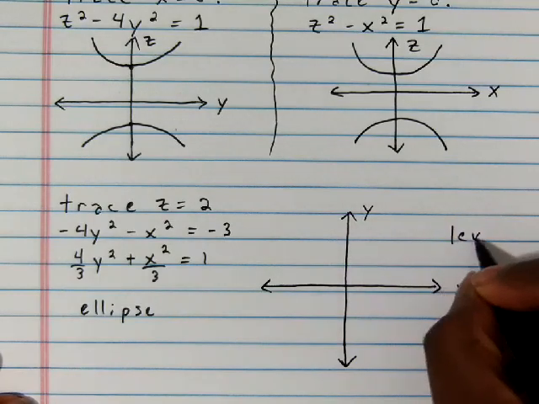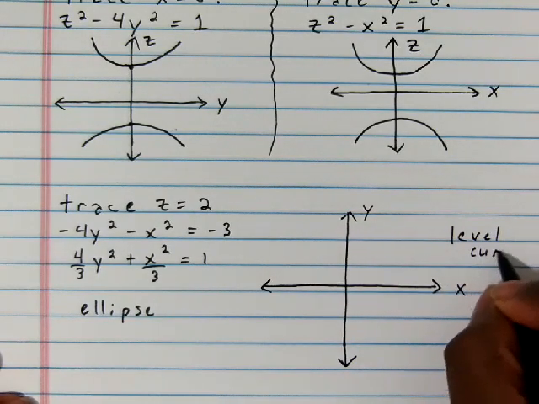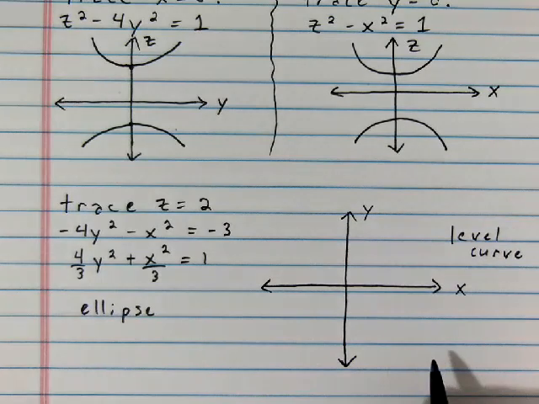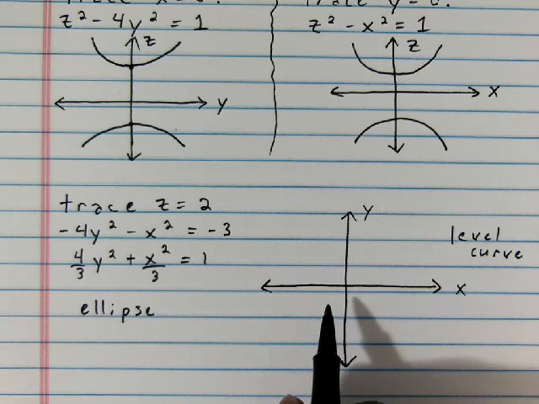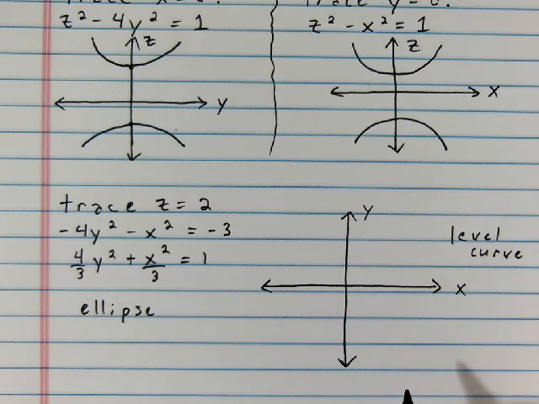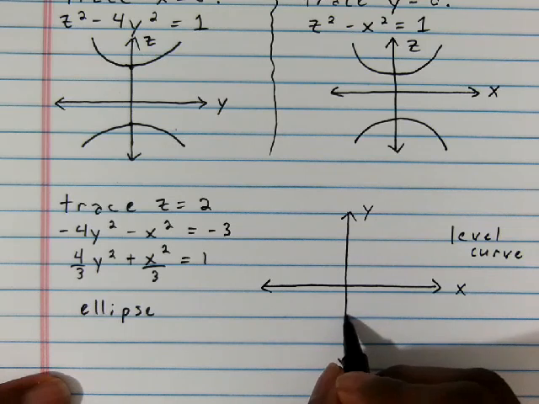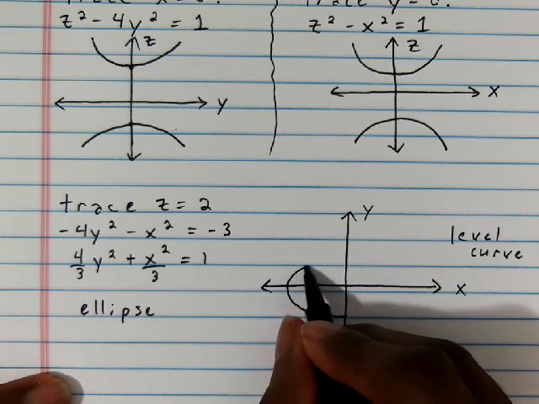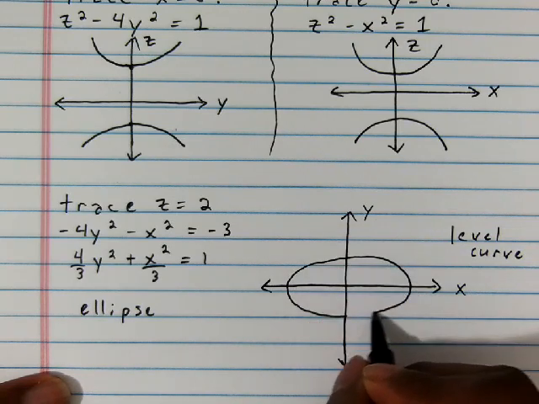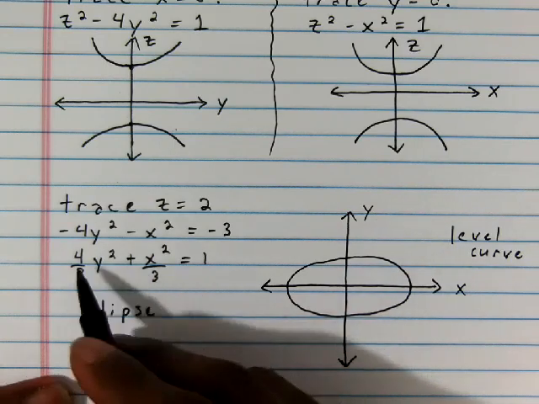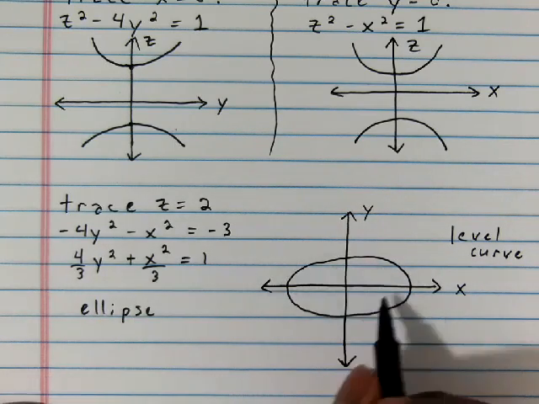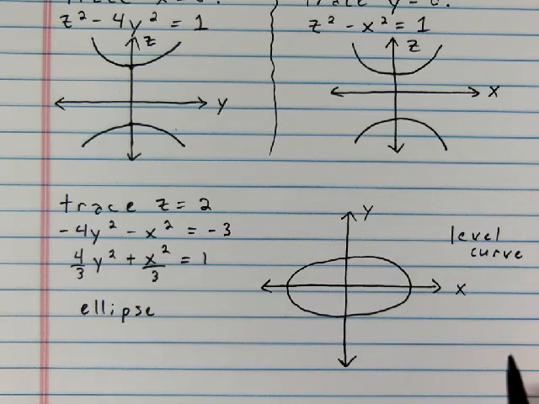Now, if I put it in the actual xy plane, and I meant to mention that for another problem, so I'll specify how you could determine what the level curves would look like for this problem to make the level curves a little more clear. All right, so here we have an ellipse. And again, don't worry too much about how that thing's going to look. There are some ways I can figure out from this how that's going to be set up, but I'm not too concerned with that.